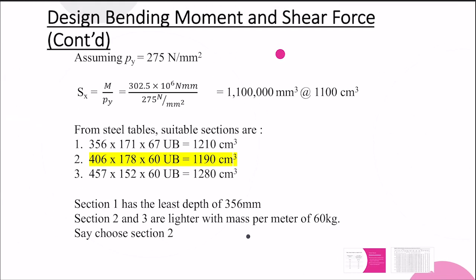Okay, no problem. First we are going to assume the value of PY is 275, meaning we will perhaps choose a section with T less than 16.